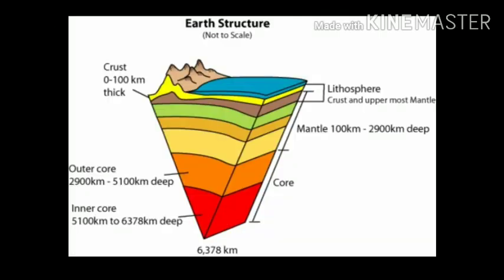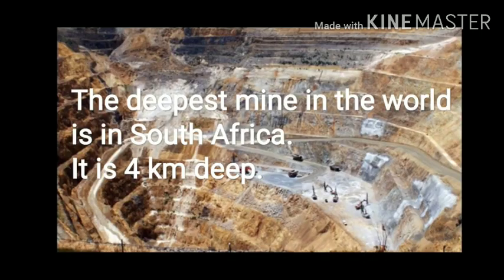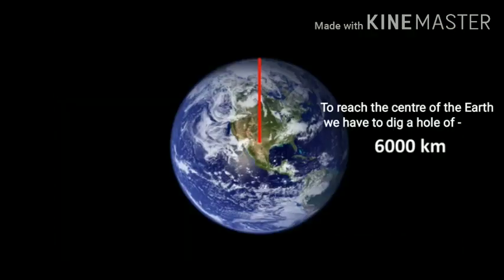This picture shows the separation of all three layers of the earth: crust, mantle and the core. The deepest mine in the world is in South Africa. It is 4 km deep. Now, to reach the center of the earth, we would have to dig a hole 6,000 kilometers deep.